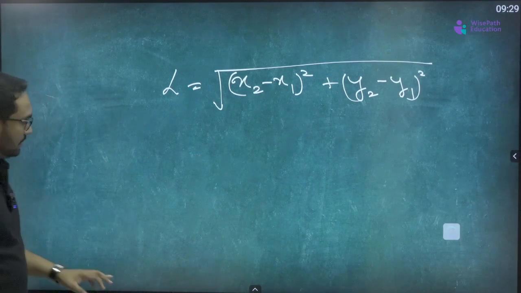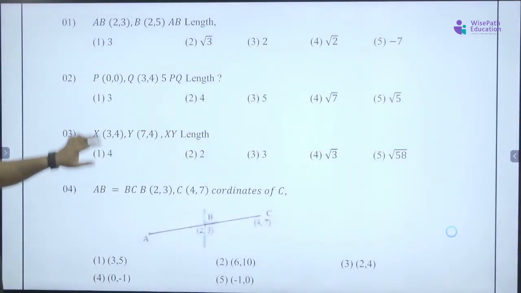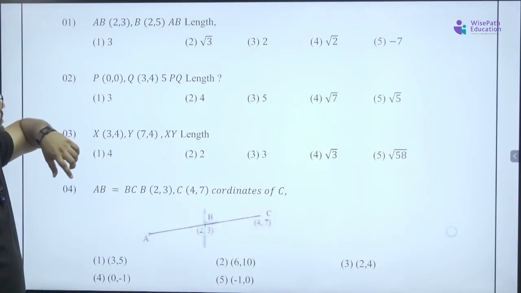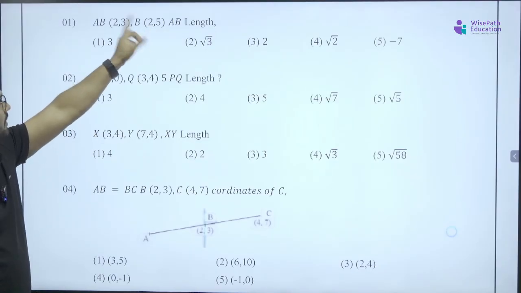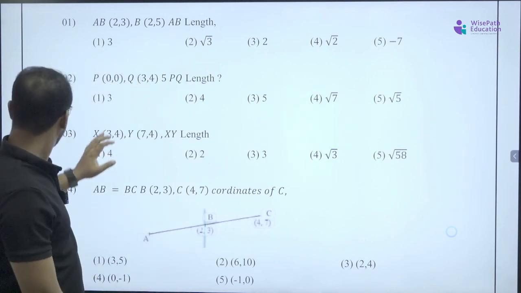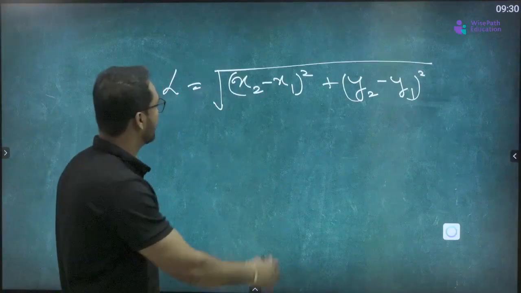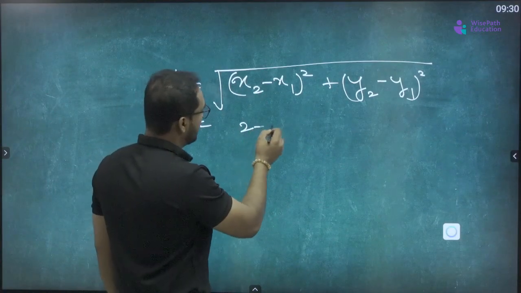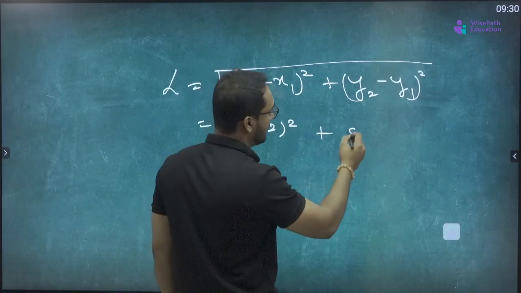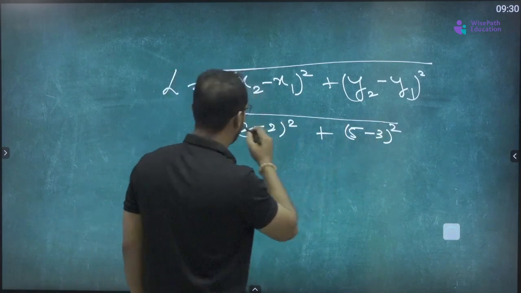So what are the two x coordinates there? The two x coordinates are 2 and 2, so that becomes 0. I'll take the other way. 5 minus 3 is the y difference, and 2 minus 2 is the x difference. So 2 minus 2 becomes 0, the square of 0 is again 0, and the y is 5 minus 3 squared, and the complete root of it.